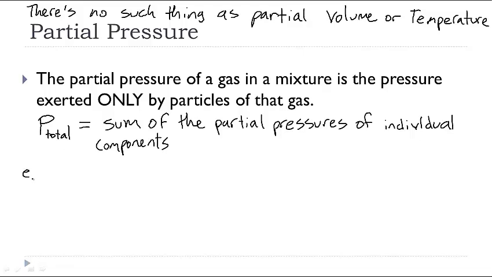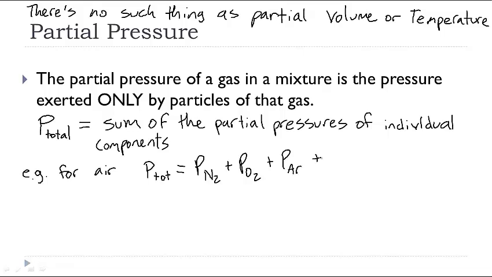So for example, for air, the total pressure is going to be the pressure of nitrogen plus the pressure of oxygen plus the pressure of argon. There's a little bit of argon in air, plus the pressure of the water vapor. And then there's a tiny bit of CO2.